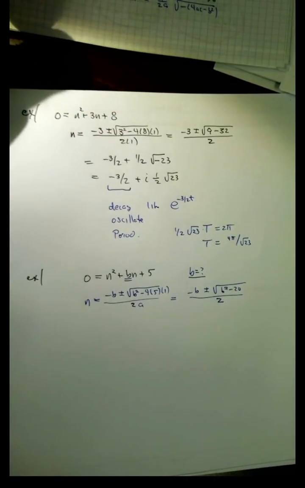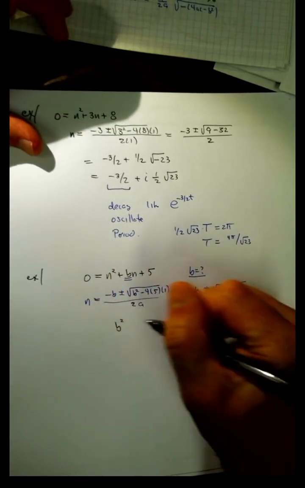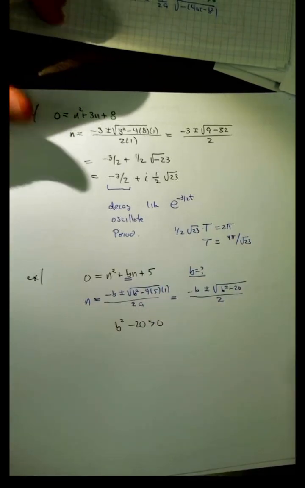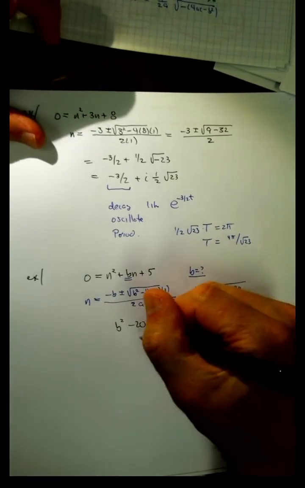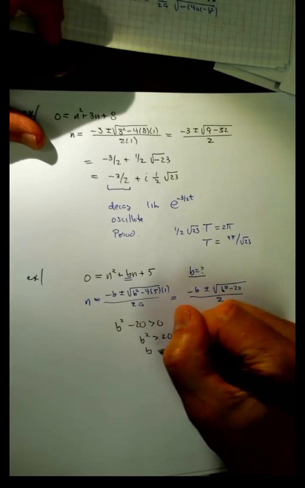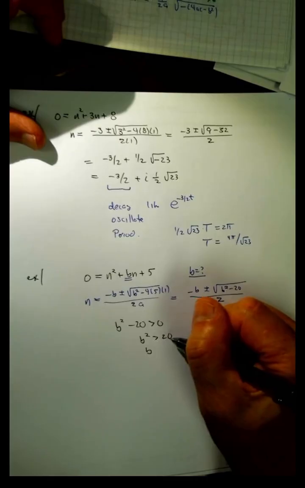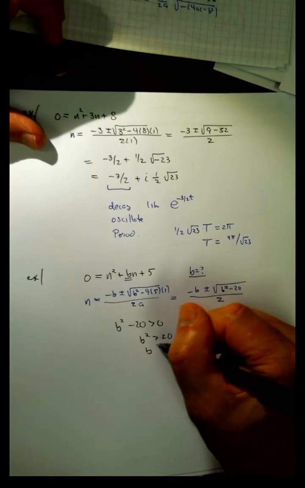Okay. What does this mean? This means that if b squared minus 20 is greater than 0, then I'm going to have b squared greater than 20. And now, this I've got to be careful about. b could be positive or negative, right?